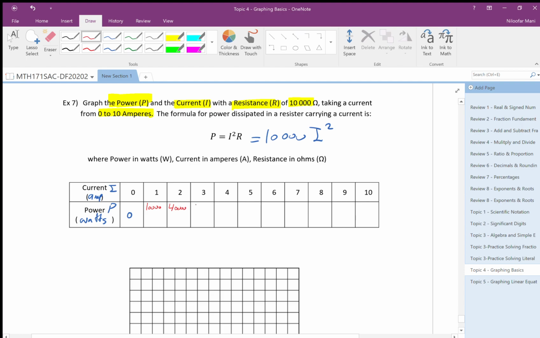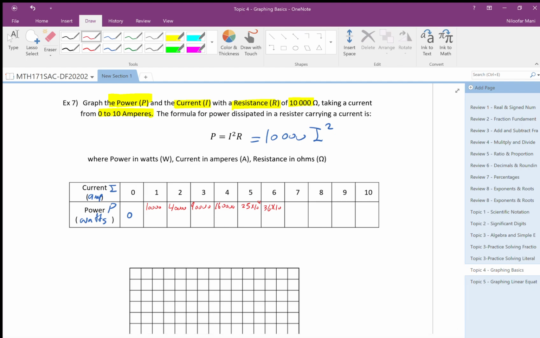If I do 3, it's 90,000, then 160,000, and then 25 multiplied by 10,000, so it's 250,000. Okay, so 10,000, 40,000, 90,000, 160,000, 250,000, and then 360,000.